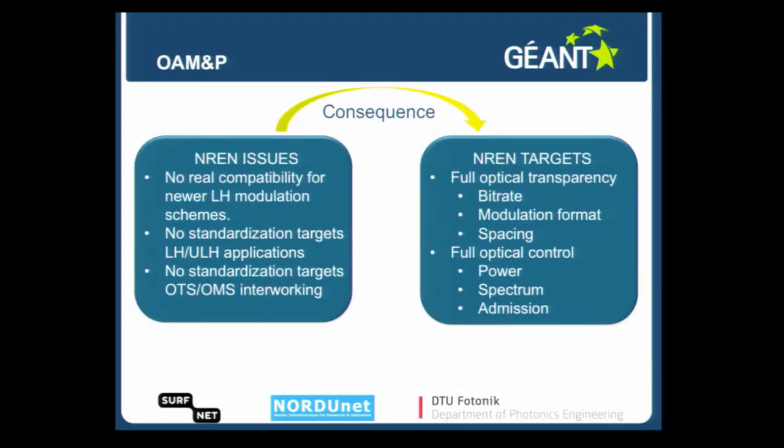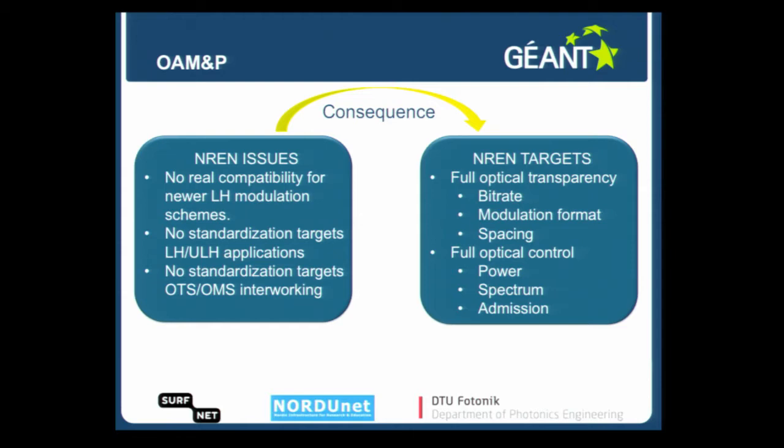We have this problem with OAMP that, like Anna talked about, standardization is lacking, at least for OTS or OMS interworking. At least I have not seen anything. There is some standardization going on for metro applications, but for long haul modulation schemes, there's really no compatibility.